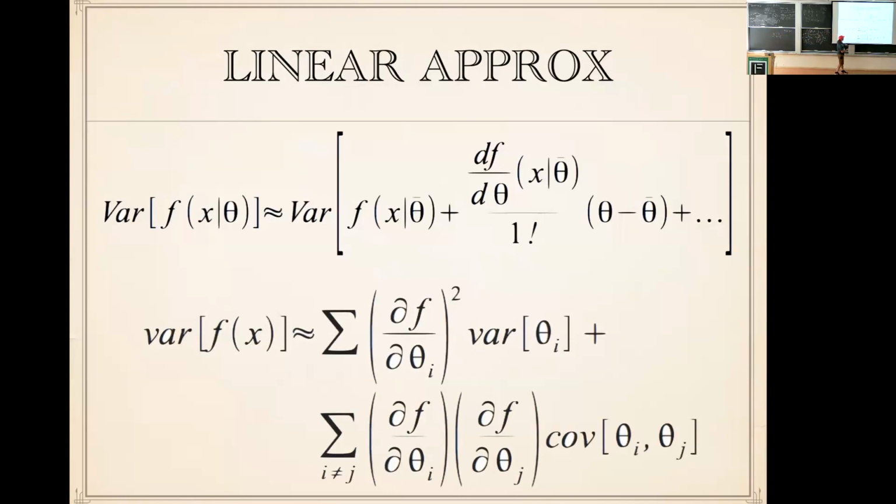And in fact, you don't actually even need these as separate terms, because really the covariance between theta i and theta i is the variance. And f of theta i times f of theta i is just f of theta i squared. So it's really just this, summing over all terms. And actually the 2 shows up because you have the variance of itself twice.